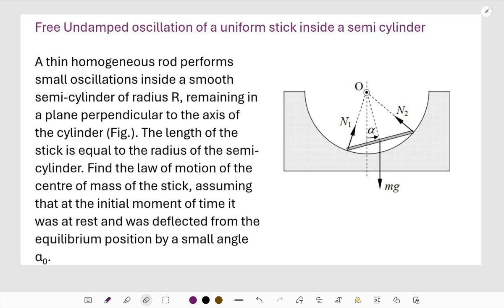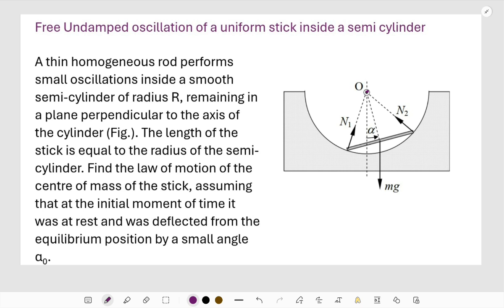Now we can write the equation of moments for the stick relative to the axis coinciding with the axis of the semi-cylinder, that you can see here. The axis is passing through O and perpendicular to the plane of this drawing.